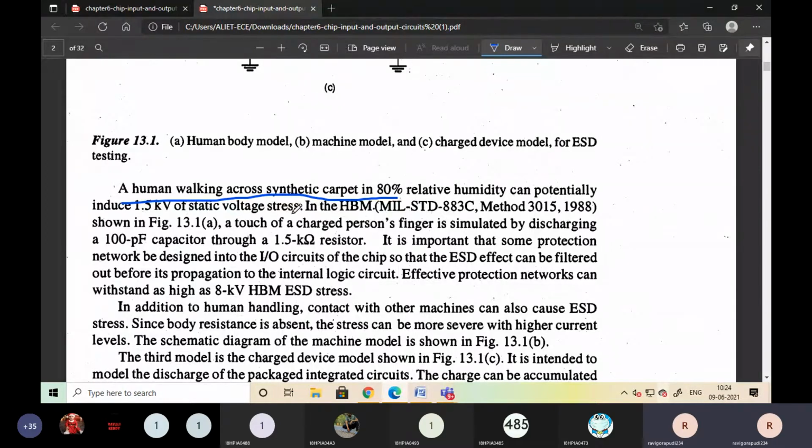The meaning of this point is that it relates to the IC manufacturing process.